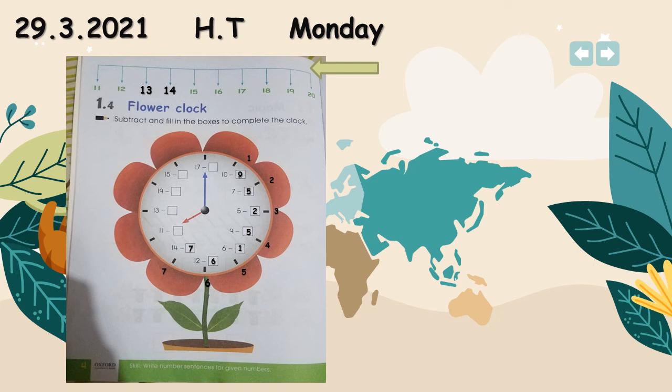So there is 11 minus. Now make 11 lines and leave the 8 lines, and the rest of the lines you will cross, and you will count how many lines you crossed, and that number you will write in the box, and that number is 3. 11 minus 3 is equal to 8.